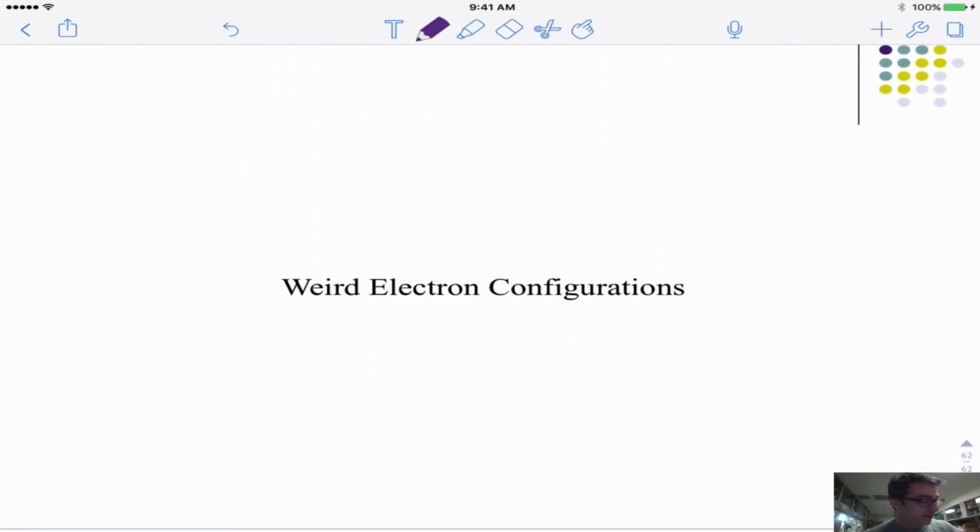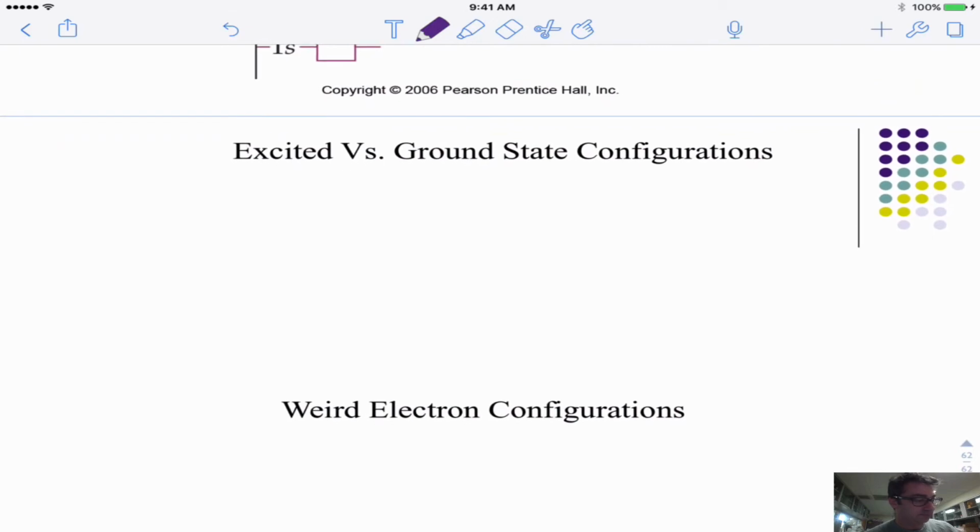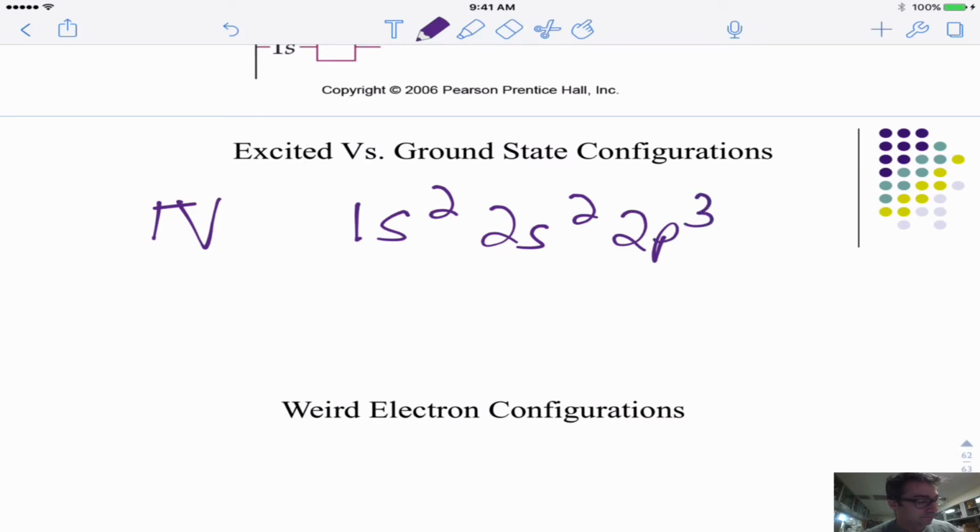Now, the last slide for this presentation, excited versus ground. If I take something simple like nitrogen, and I write out its electron configuration, I can make this an excited state. I can add energy to it, just like Bohr did when he shot photons or excited the electrons in the hydrogen atom.